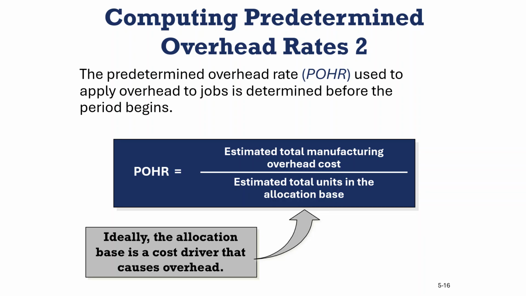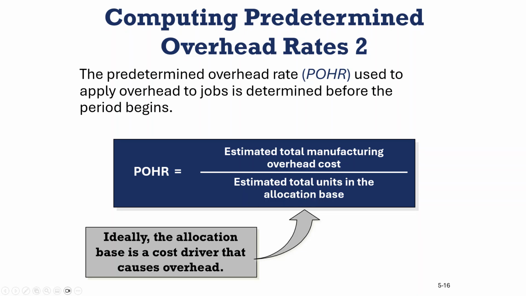When you're doing the questions in class or the exercises in the textbook, they will tell you what the company's allocation base is. Whatever that base is, you estimate, based on the overhead that you estimated, the estimated units of that allocation base. Just to keep it simple, let's assume we're using labor hours as our base. We have 20 jobs that we worked last year, and based on the 20 jobs we're looking at a manufacturing overhead of X amount.